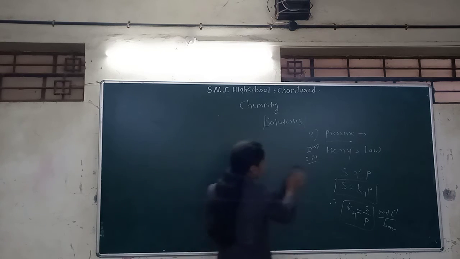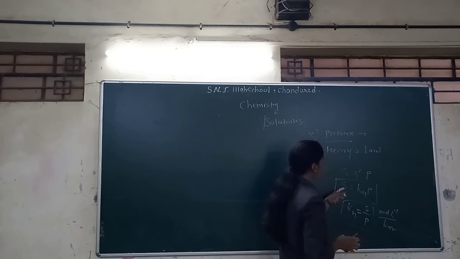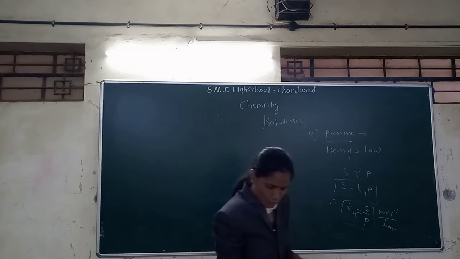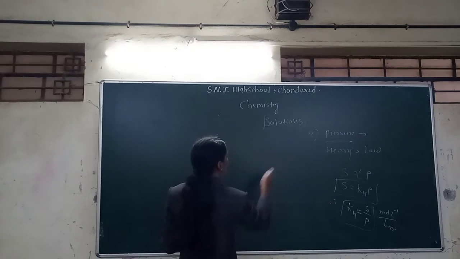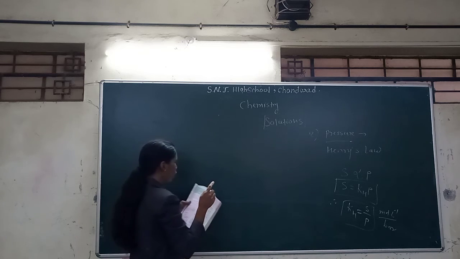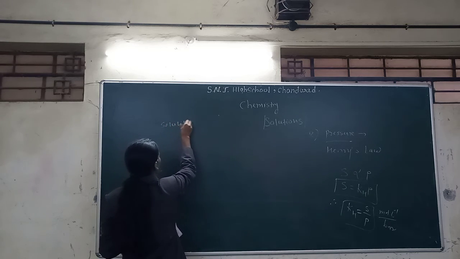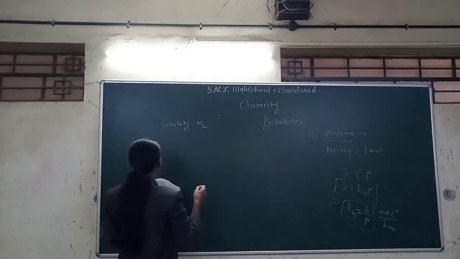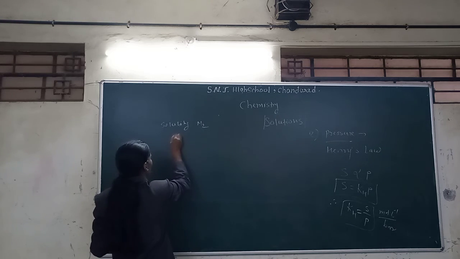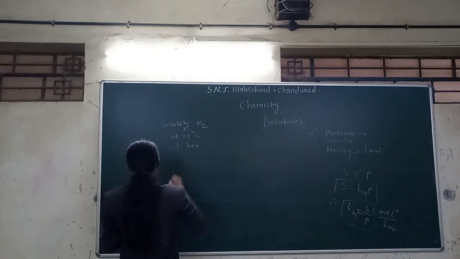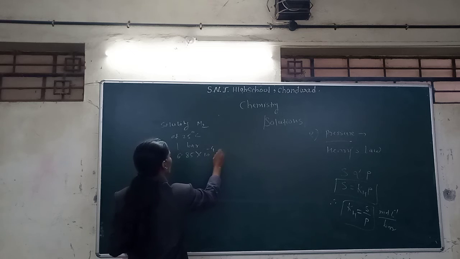This problem is very easy to solve due to the formula S is equal to KH into P. The solubility of N2 gas in water at 25 degrees Celsius and 1 bar is 6.85 into 10 raised to minus 4 mole per liter.